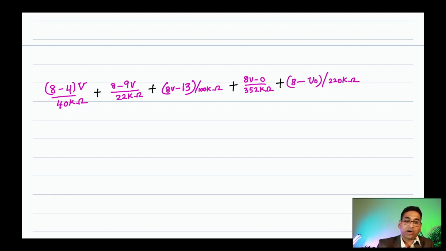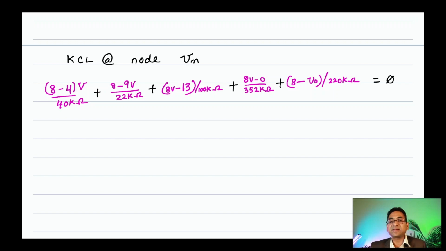Okay, so KCL at node Vn will dictate that the sum of all these currents leaving this node should be 0 amperes.